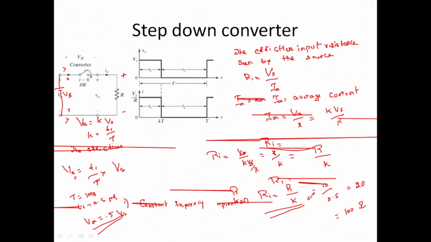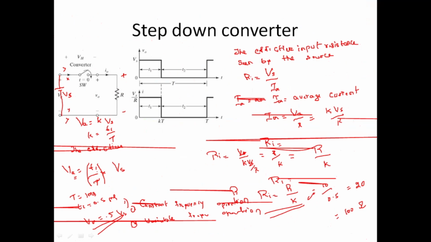So constant frequency operation. And there is another method, variable frequency operation. So what is that variable frequency operation? Ultimately I should change T1 by T. This factor should change.